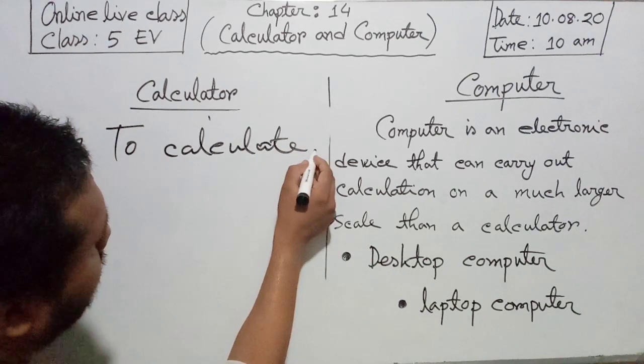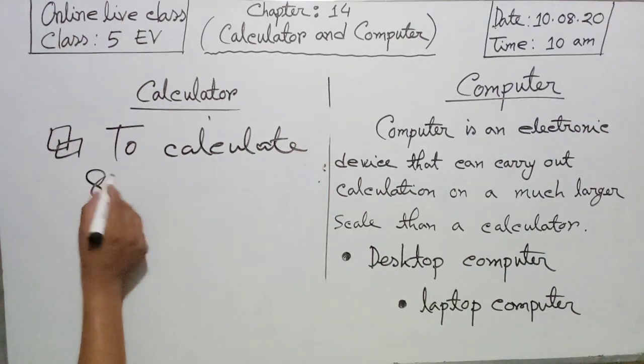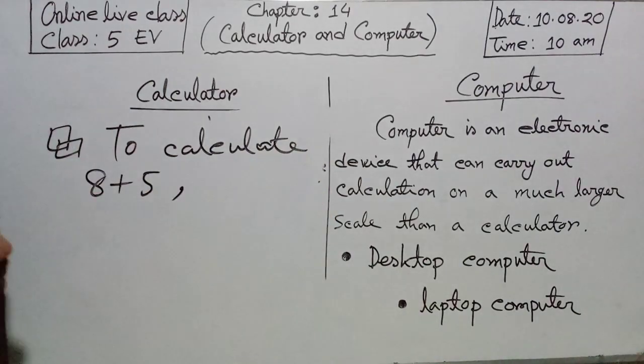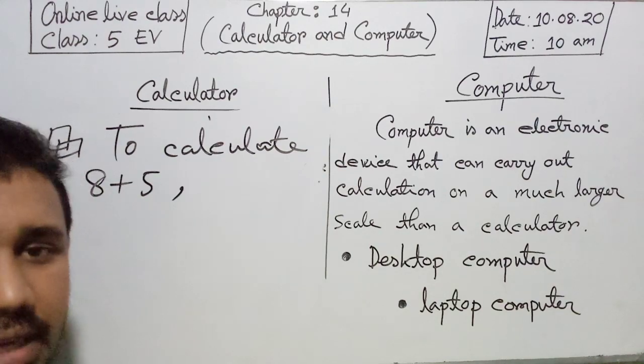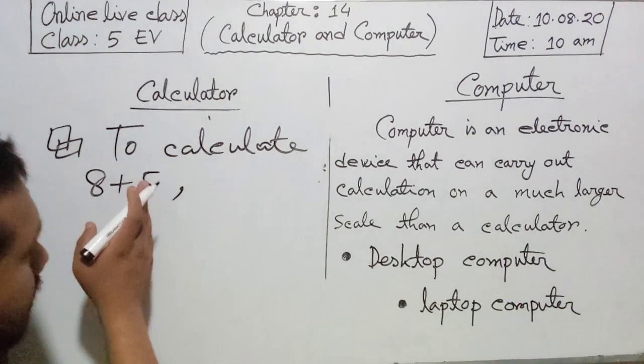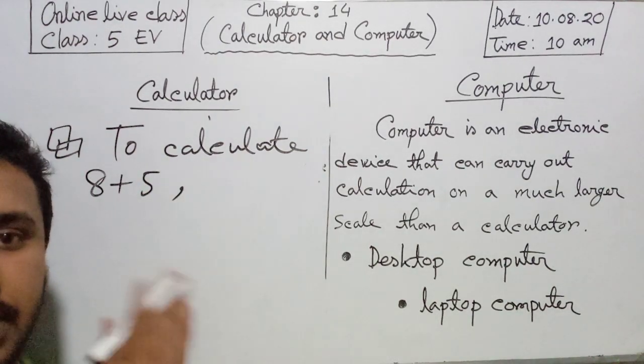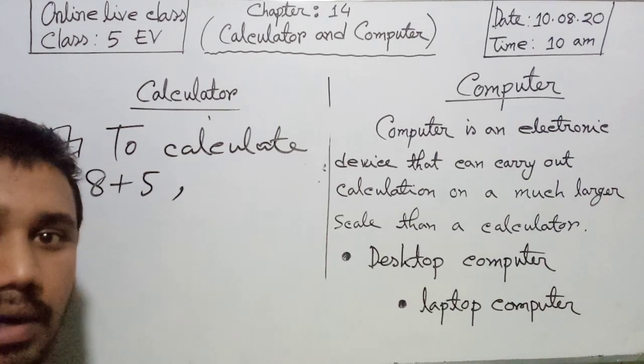suppose we want to calculate 8 plus 5. We know the answer is 13, but we want to calculate 8 plus 5 by using a calculator.